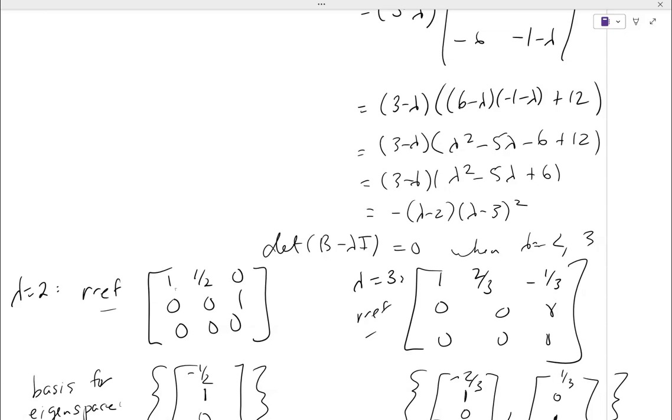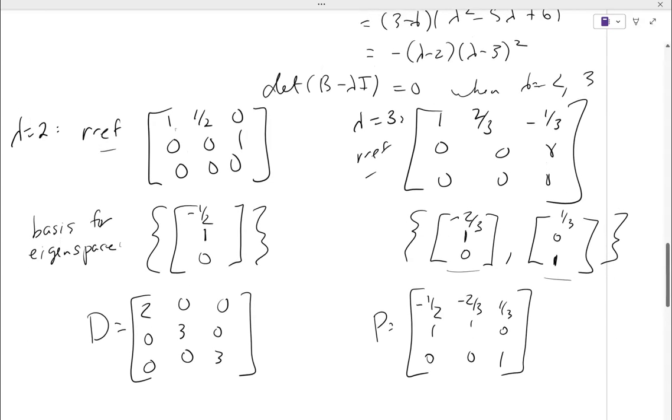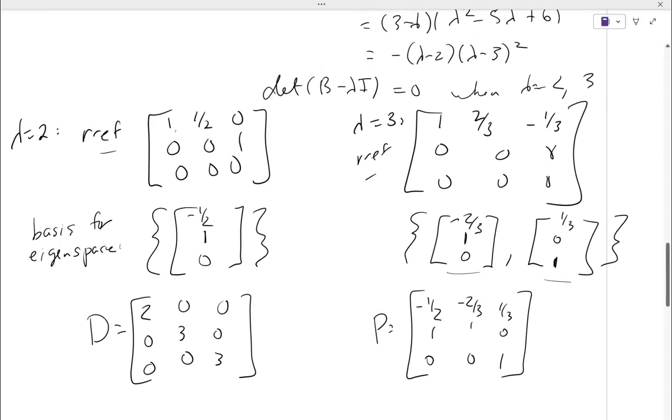Just to illustrate real quick that the order of those last 2 columns doesn't matter, I can flip the second 2 columns around, so 1/3, 0, 1 and then -2/3, 1, 0.